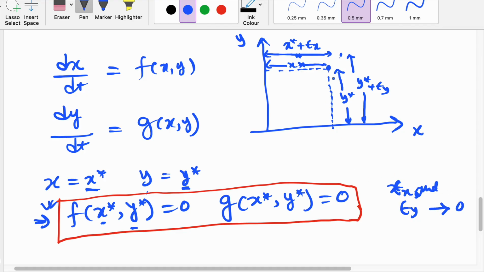So in two dimensional space, if I remain very close to this fixed point, what will the system do, what is the dynamics telling me? Let's check that. We'll again do the linear stability analysis.